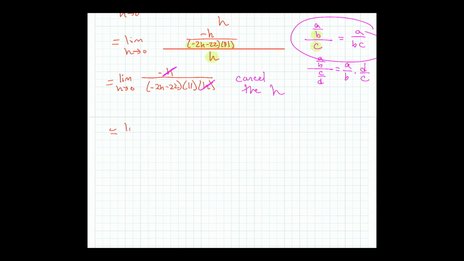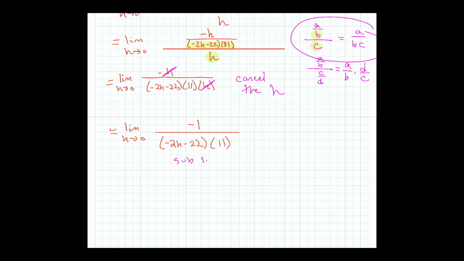We have the limit as h goes to 0 of negative 1, right? We canceled the h, but we left the negative up there. We have negative 2h minus 22, and we have an 11. Well, once we cancel the h, we can just substitute in h equals 0 now.